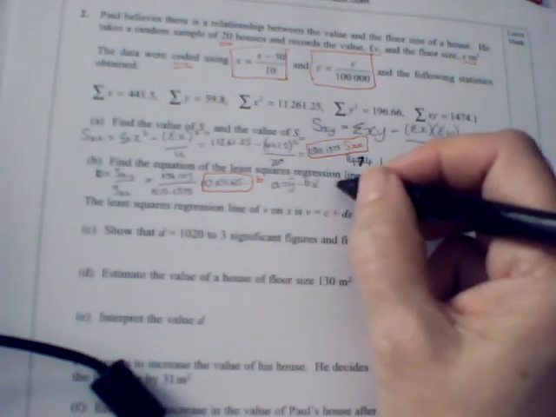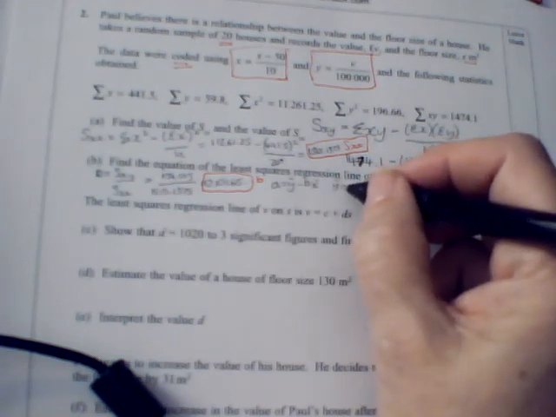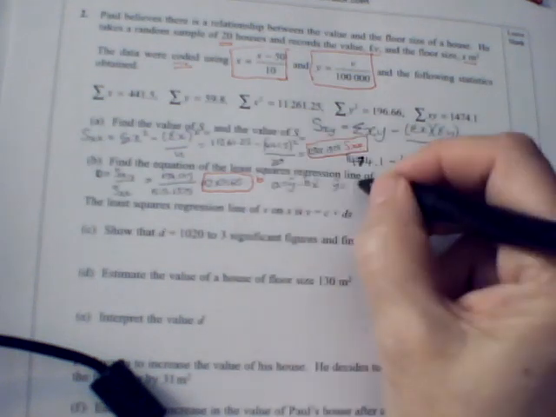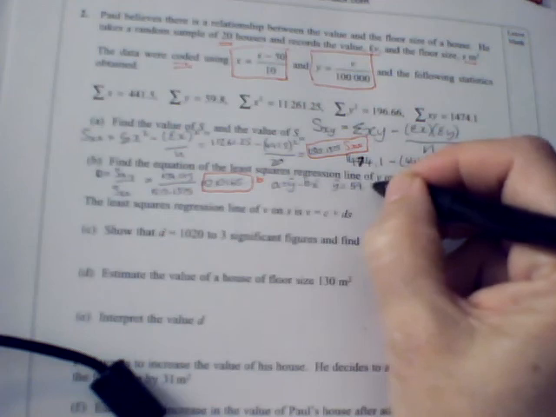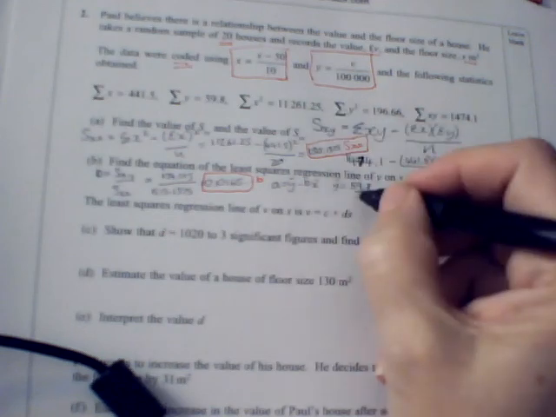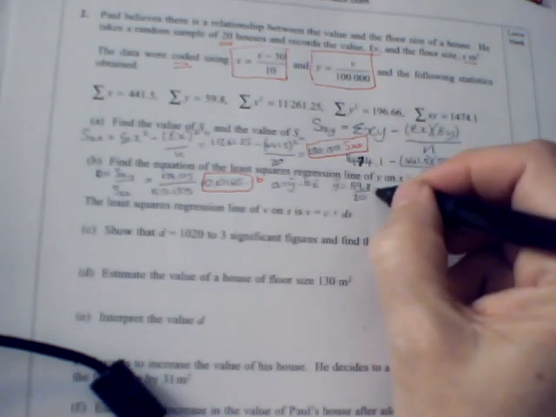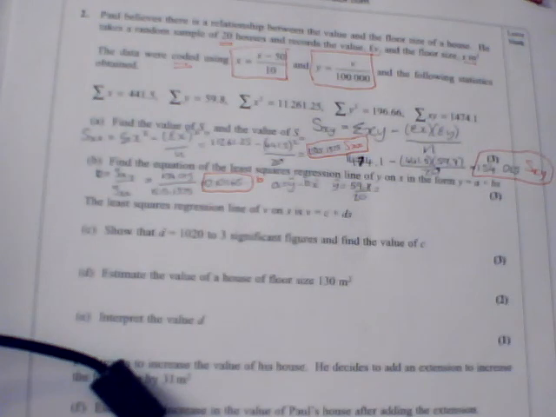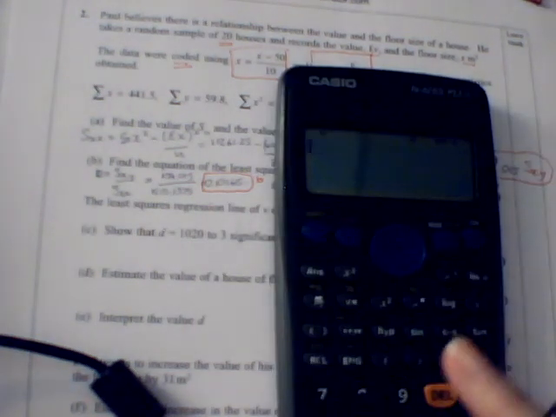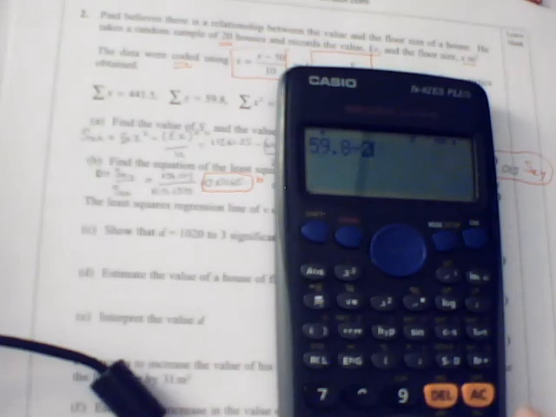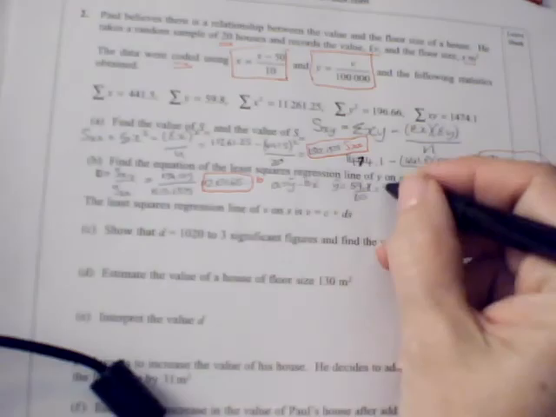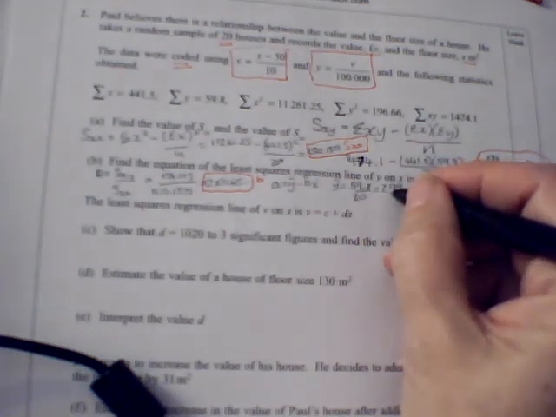So y bar equals sum of y, 59.8, divided by 20 houses. 59.8 divided by 20 is 2.99, that's y bar.